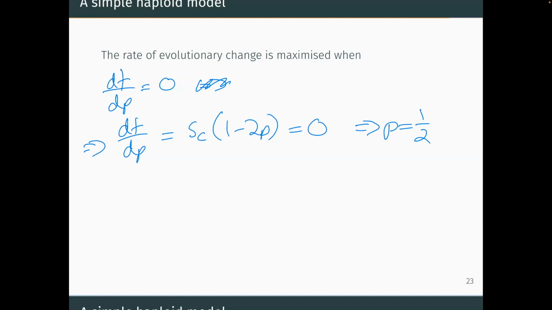This is interesting because more generally, the rate of adaptation is maximized when we have the most genetic variance in the population. So more genetic variance means a greater rate of adaptation. Less genetic variance means evolution can proceed slower. This is a really fundamental result that pops out of a very simple model and is broadly applicable in evolutionary biology. Even these very simple models can tell you something very general and profound. More genetic variation means a faster rate of adaptation.